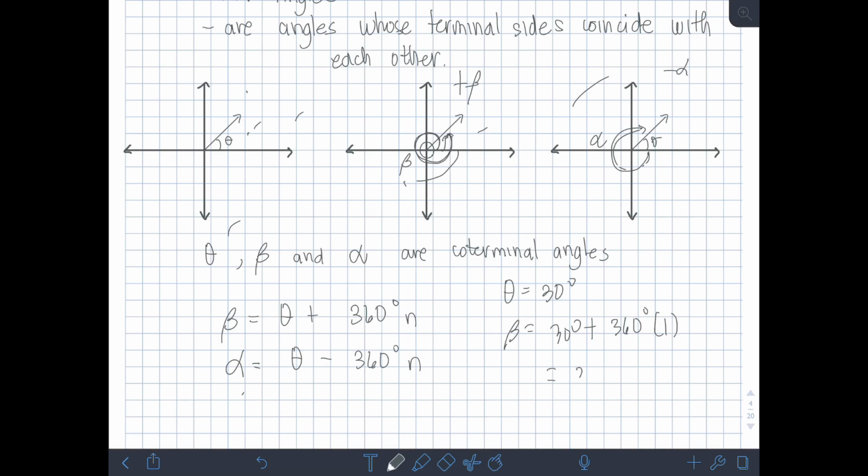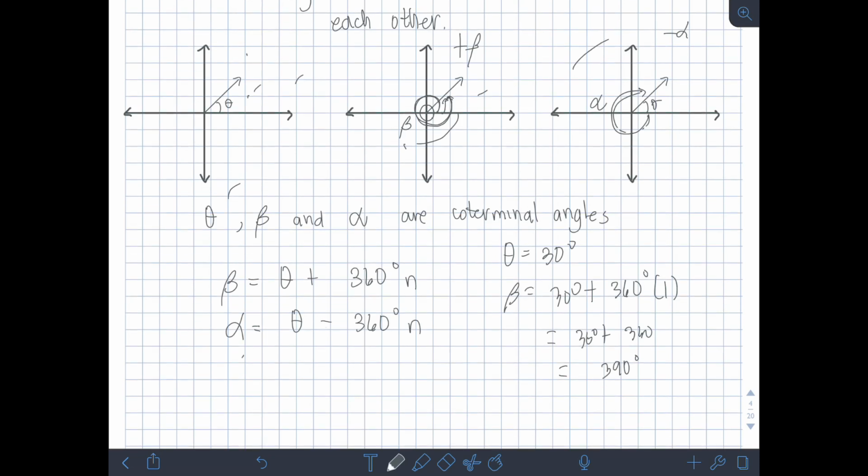So, therefore, we have 30 degree plus 360 or simply 390 degree. So, itong beta ay 390 degree. Coterminal siya sa angle theta na 30 degree. Same as ito sa angle alpha, kung 30 degree yung theta natin, minus 360 degree, n natin dito this time ay 1 pa rin.